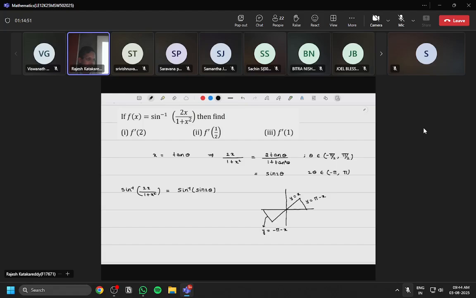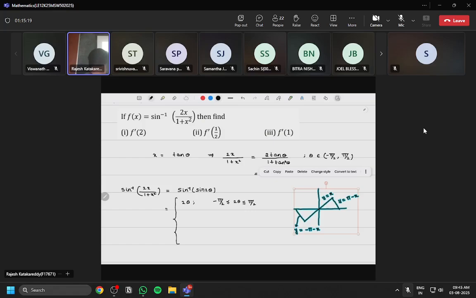Clear? So now the same goes there also, negative slope and positive intercept, right? So now I will make 3 parts of this one. In the first part you will get just 2 theta if minus pi by 2 is less than or equal to 2 theta, which is less than or equal to pi by 2. That is the y equals x case, when it is between minus pi by 2 and plus pi by 2.